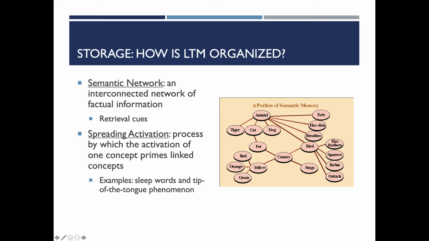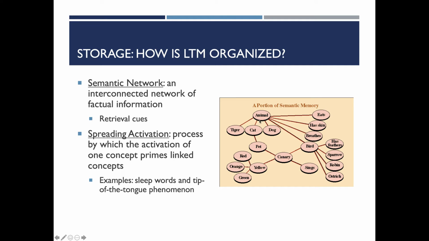And it is connected to things that are related to it, like all the different kinds of animals, tigers or cats or dogs. And cats are connected to concepts like pets, and so are canaries. And canaries are connected to your concept of yellow. So everything in your semantic memory is in some way connected to just about everything else.